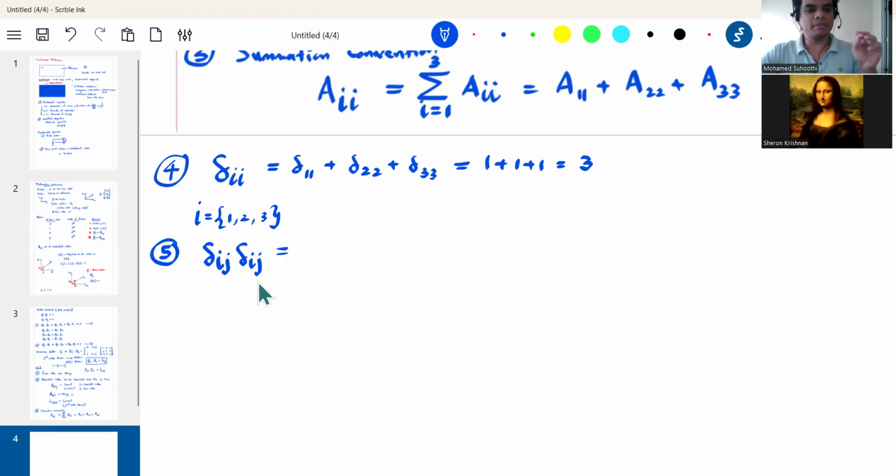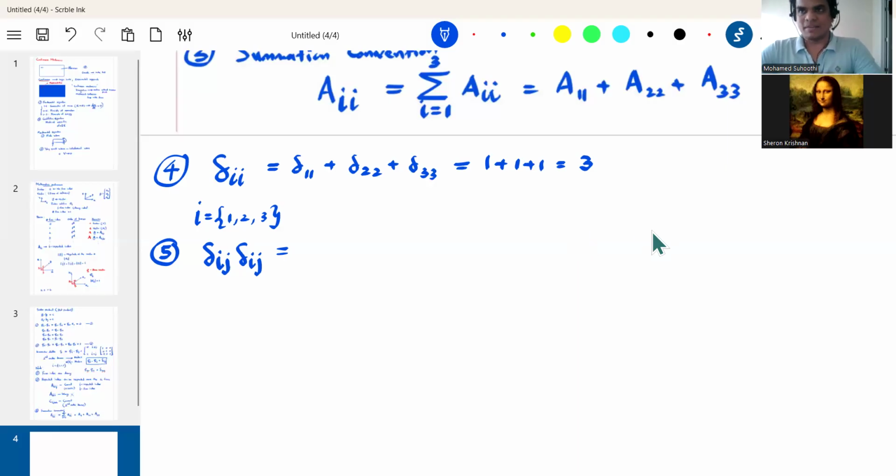Here i is repeated two times and j is repeated two times, so we have only repeated indices. Therefore, this is not a vector and not a tensor. This is a scalar. If you don't have any free index, that is a scalar. Scalar means finally you must get one number. For example, in our previous case, delta ii, i is a repeated index with no free index, therefore it is a scalar, and we ended up with one number, 3. For this case also, we should get one number as the answer.